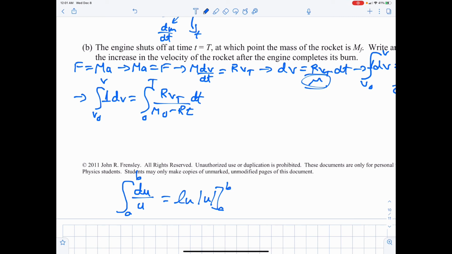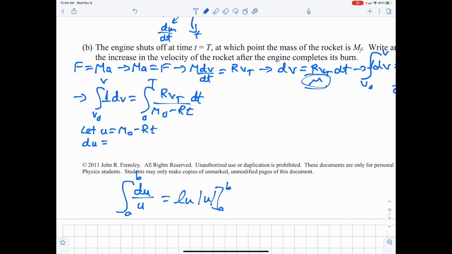So we're going to let u be the denominator, u equals m naught minus Rt. Now we have to find du, so we take the derivative of u. Well, m naught is a constant, and R is a constant.